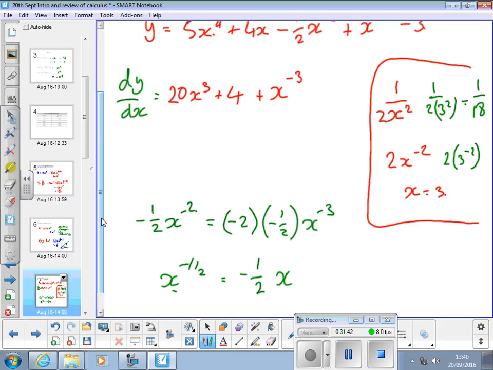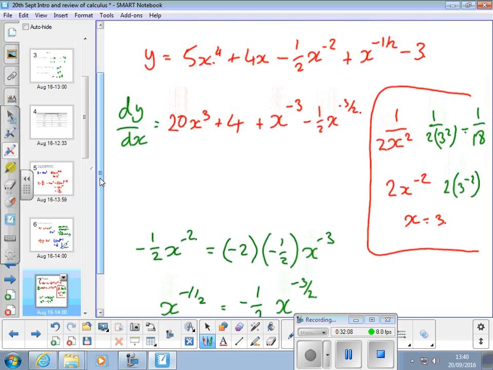How many halves in a whole one? It's 2. So we go to minus 3 over 2. Yep. So we can write that in our big function: minus half x to the minus 3 over 2. And then the last bit is, what do we do with the minus 3? It's a constant, so it disappears. Yeah?